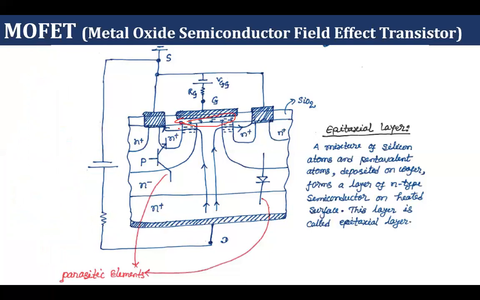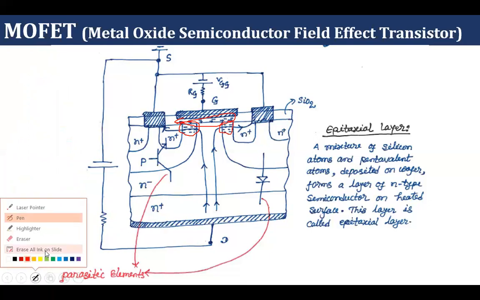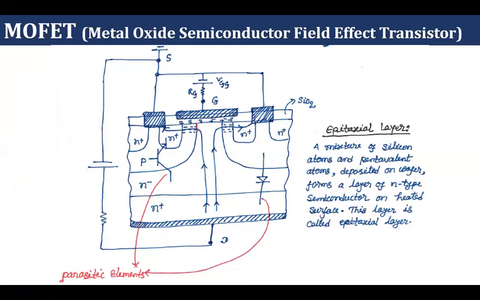Within this region, electrons will be accumulated, and due to the accumulation of electrons, this portion of the PN junction will vanish. It is already forward biased, but this portion of the PN junction will vanish, and so current will start to flow through this path.